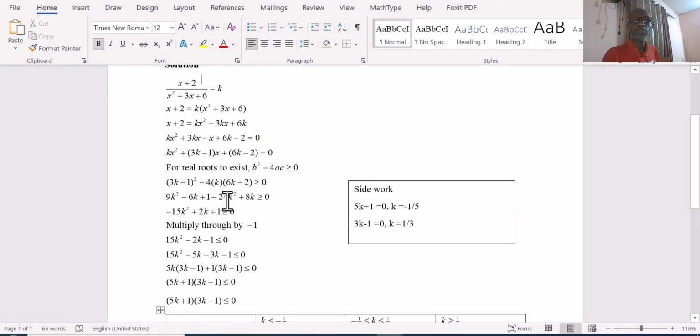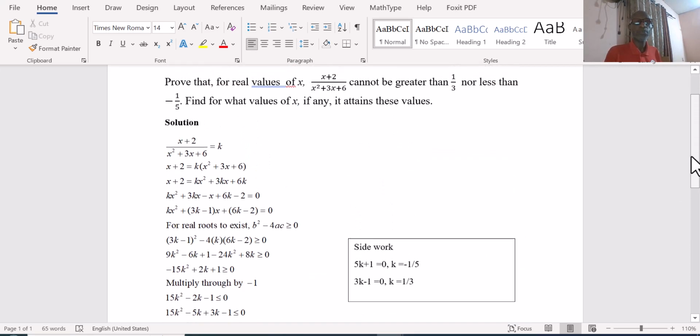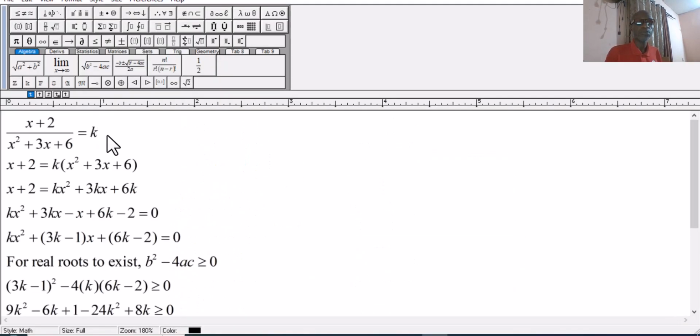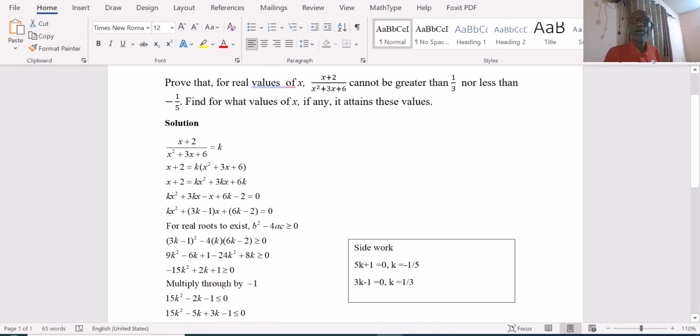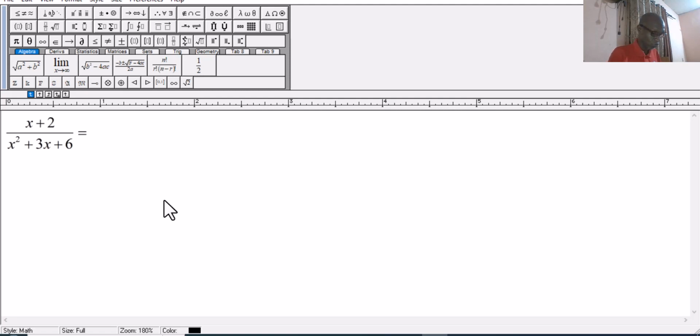The second part of the question says, for what value of x, if any, does it attain these two values? That means if it attains 1 over 3 and minus 1 over 5. So let's treat the second part of the question now. Let me copy this because we'll be using it. So let's assume that this expression is equal to 1 over 3.